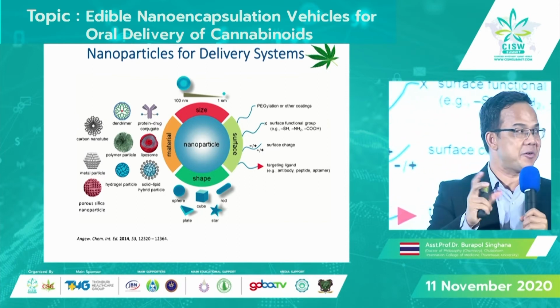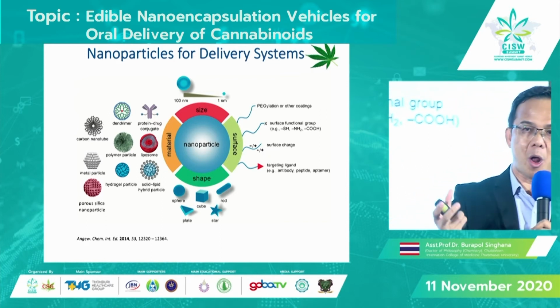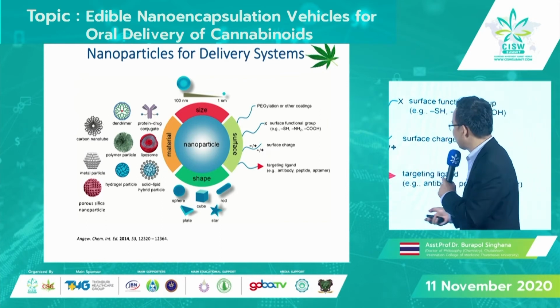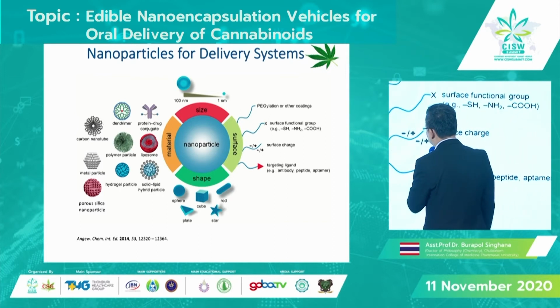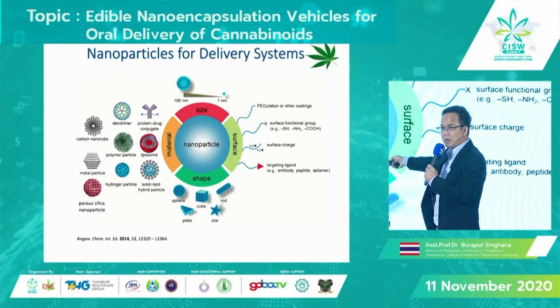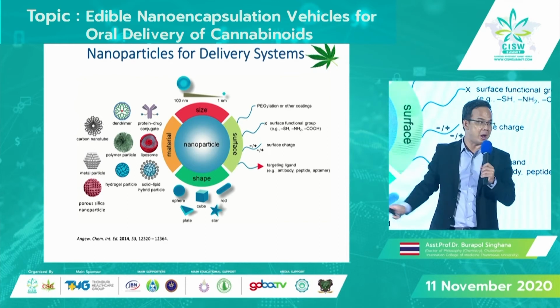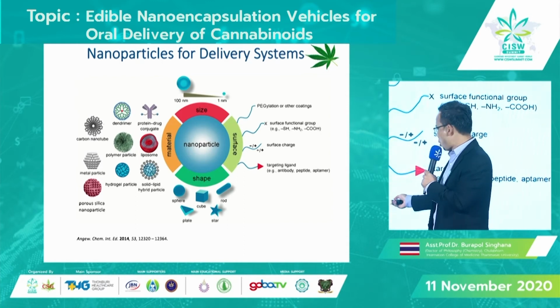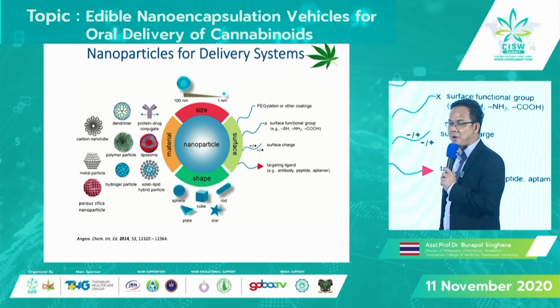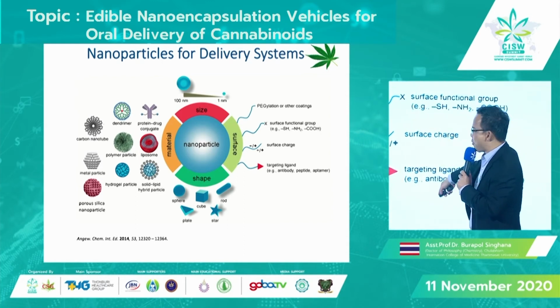Different sizes have different properties, depending on your application. You can make small and larger sizes. Then you can prepare nanoparticles in many shapes, for example sphere, cube, rod, plate, or star.